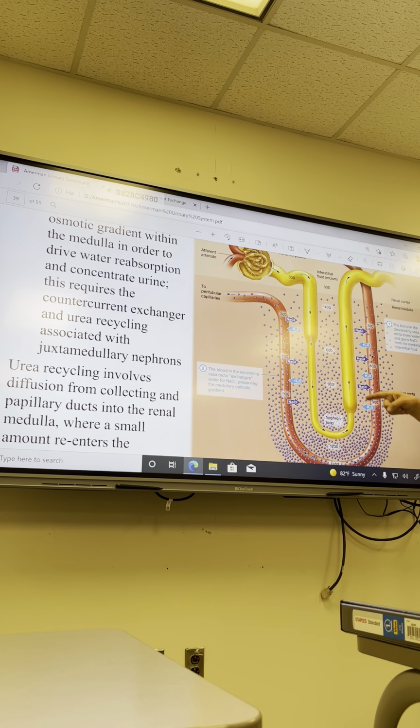As we start to go up the ascending limb that's loaded with sodium chloride pumps, think about this just for a second. Is there going to be a difference in the amount of substrate the pumps near the bottom have to work with versus the ones at the top? A big difference, because down at the bottom it's extremely hypertonic.